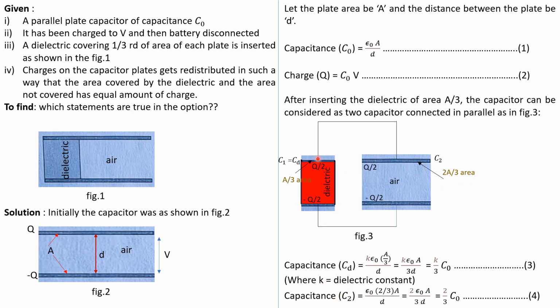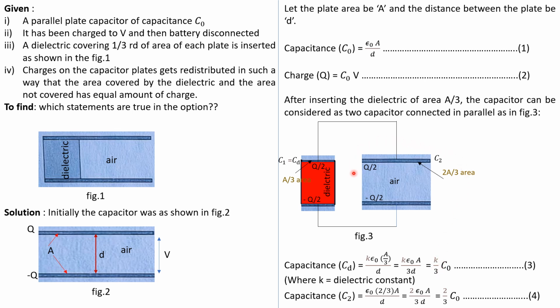So if we write the capacitance with the dielectric, C subscript D, by formula we know that it will be K times epsilon naught times area of the plate, A by 3, divided by separation of the plate D. So we will reach this equation, K by 3 C naught, equation number 3, where K is the dielectric constant.